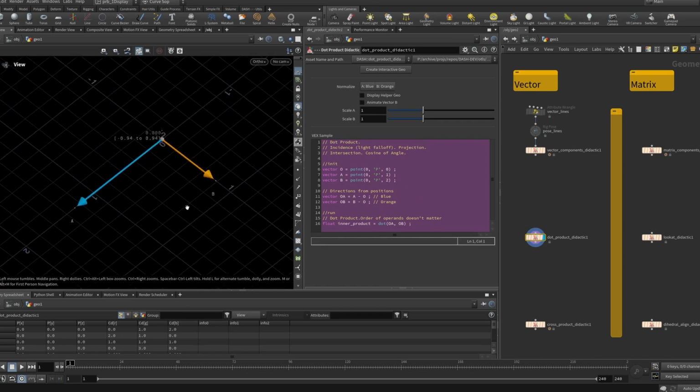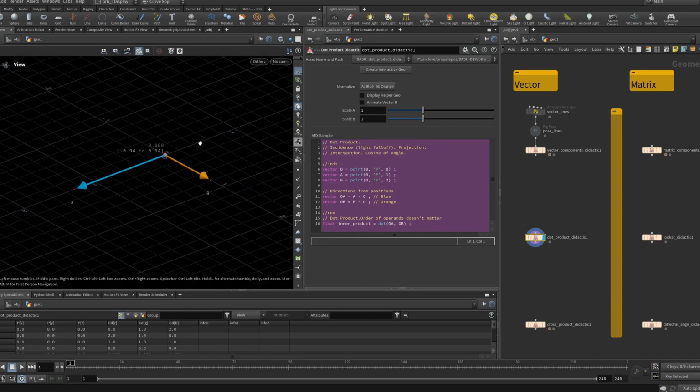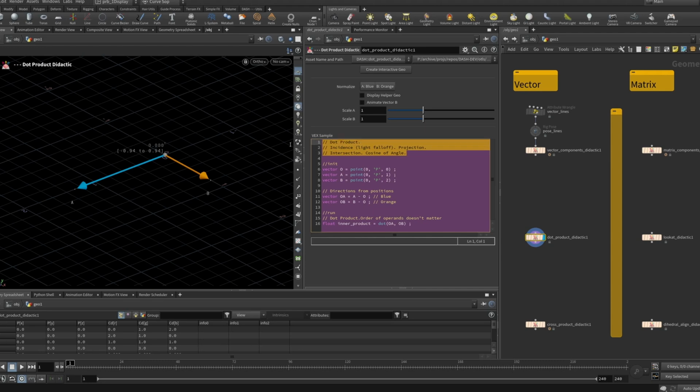So the dot product is a way of basically getting a projection of one vector onto another. And this operation gives so many things that I'm just going to present a few of them. Basically, it is an operation that is very sensitive to the angle between the two vectors.